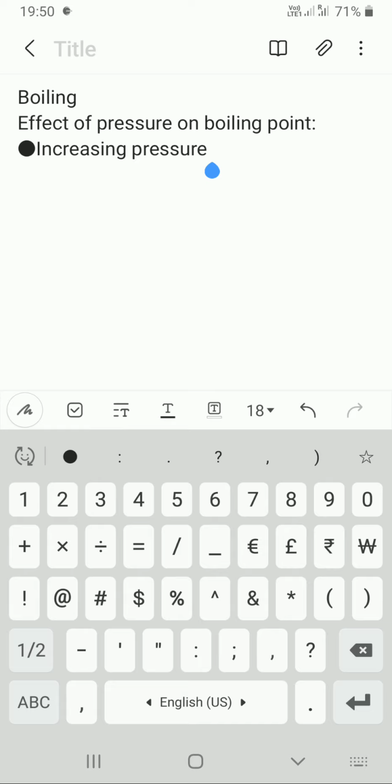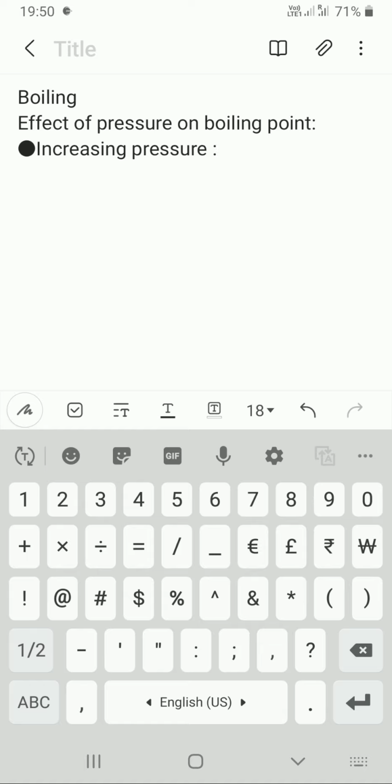What will happen, like in a pressure cooker, where we don't allow the steam to escape, this vapor pressure on the water inside increases the pressure inside the pressure cooker. When the cooker is tightly closed and the vapor cannot come out, that vapor pressure increases the pressure. Due to this increased pressure, the boiling point of water rises from 100 degrees Celsius to 120 or 125 degrees Celsius.